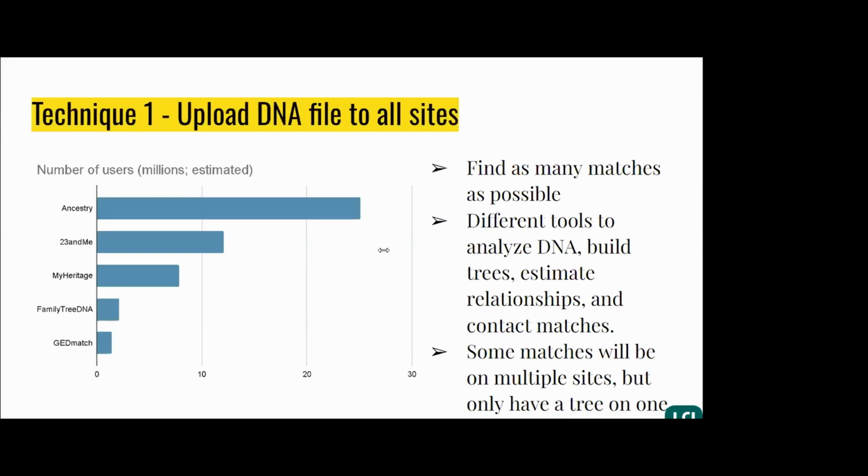And also some matches will be on multiple sites, so there are duplicates across these sites, but many of those people will only maintain a family tree on one site. And their trees are almost as important as the DNA they share with you when you're doing this type of work. So this strategy also ensures you have access to as many family trees as possible, not just matches.